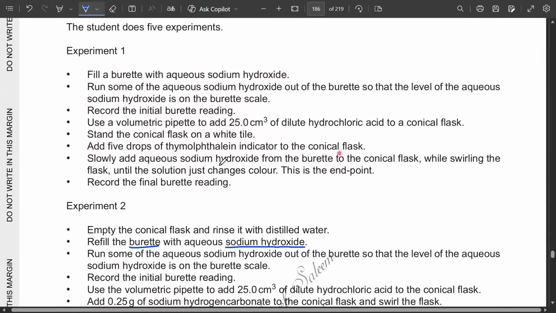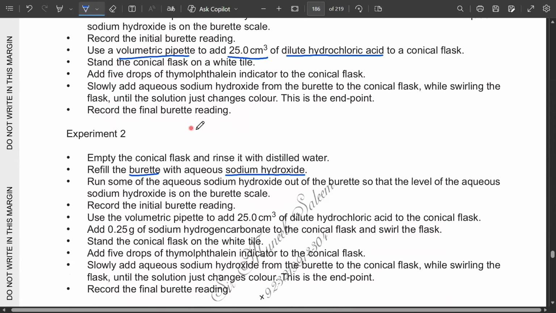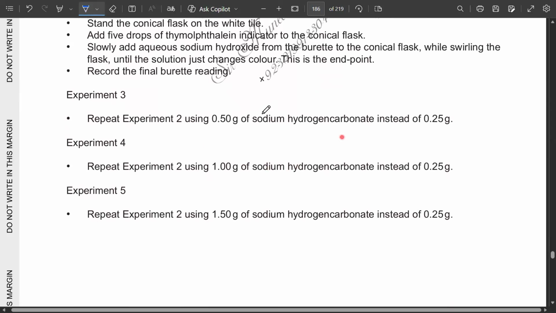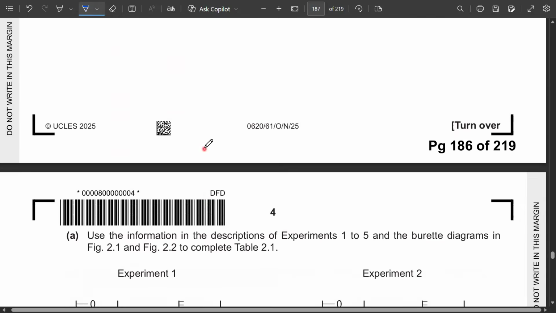So we can see they are using the volumetric pipette to measure the hydrochloric acid, and as you know, a volumetric pipette always has a fixed volume according to the calibration. So in this case, they are using the volume of 25 cm cube. So all these experiments are using 25 cm cube of the hydrochloric acid, each one of the experiments.